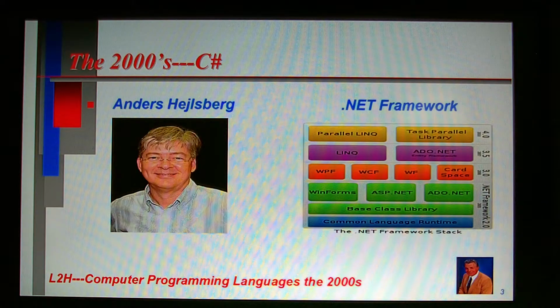To achieve this claim, Microsoft, under Hejlsberg's guidance, took the best of the Java and C++ computer programming languages, corrected the recognized flaws in Java and C++, while providing a new computer programming language called C#, devoid of the flaws recognized in Java and C++, created in tandem with the .NET framework.